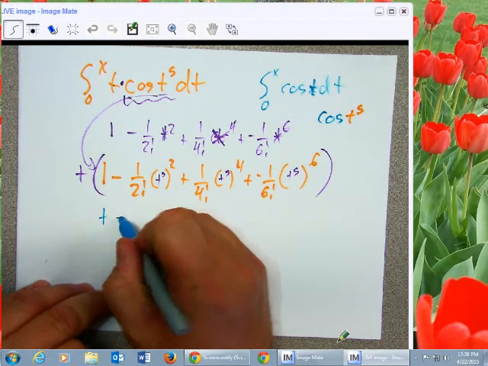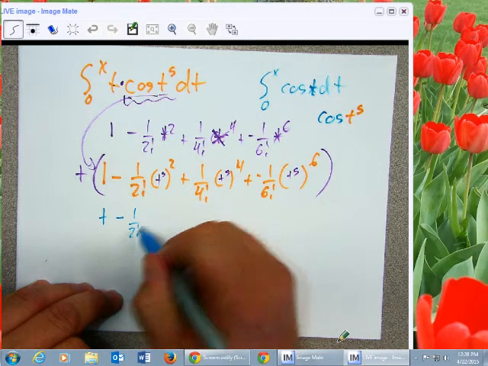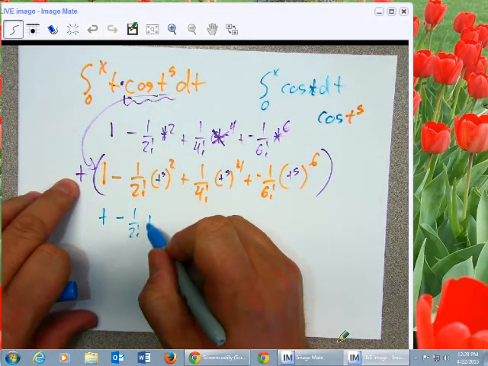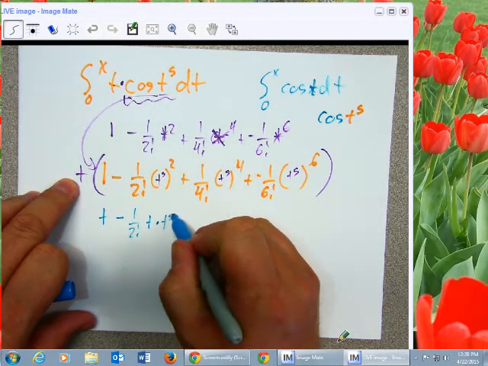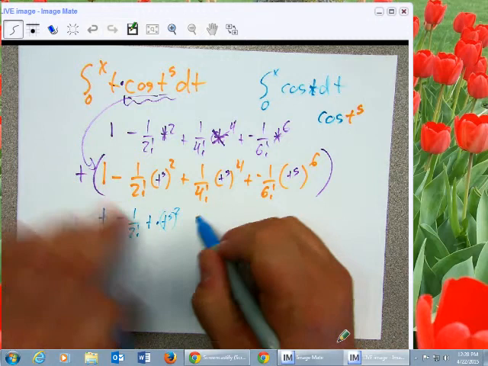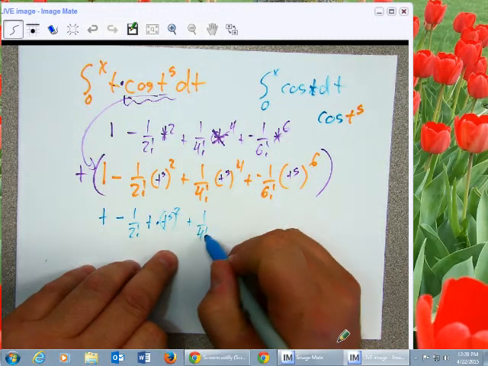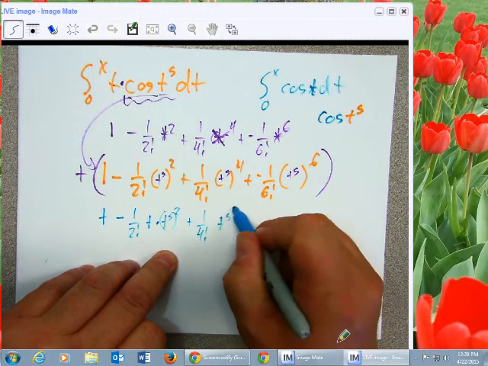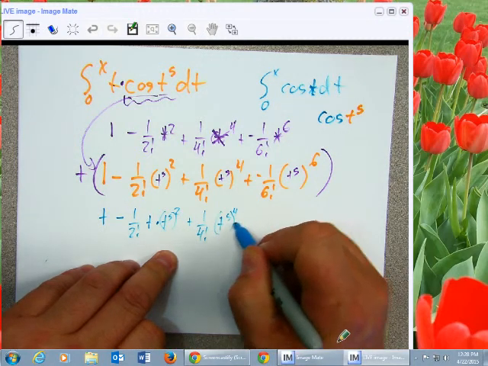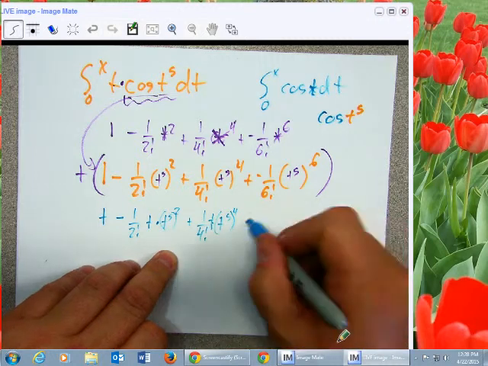So I end up with t minus 1 over 2 factorial t times t to the fifth squared plus 1 over 4 factorial t to the fifth to the fourth times t, etc., etc.